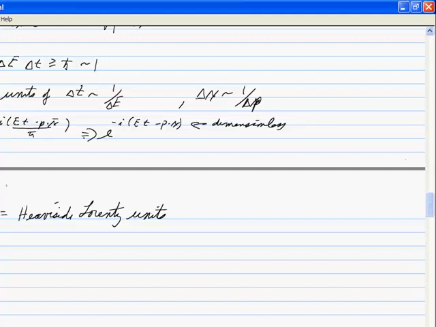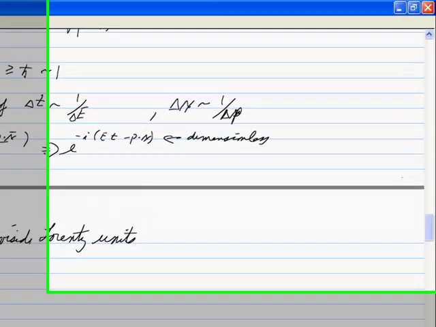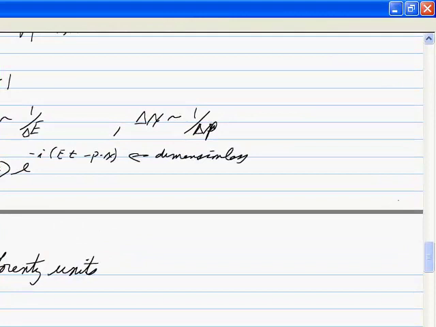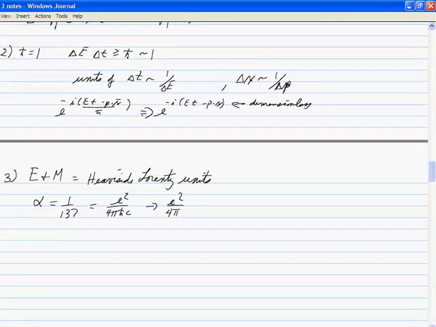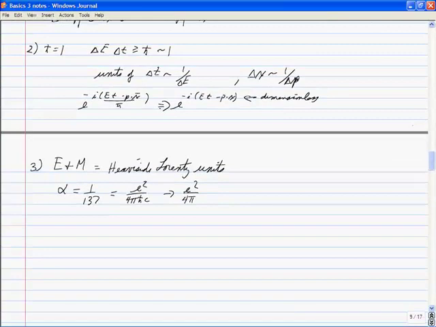I'll review this when we get there, but alpha, the fine structure constant, which is 1 over 137, in this unit is e squared over 4 pi h bar c. Well, of course, that then turns into e squared over 4 pi. So the fine structure constant is e squared over 4 pi in these units.